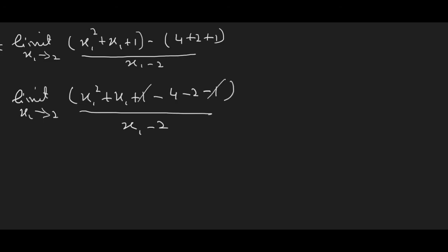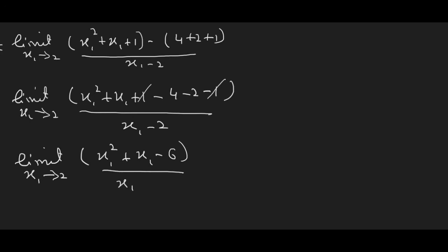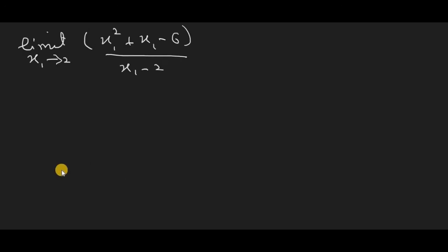So limit x1 approaches to 2, x1 square plus x1 minus 6 whole divided by x1 minus 2. Now we can use factorization for that, because we have to simplify it before putting the value of the limit.